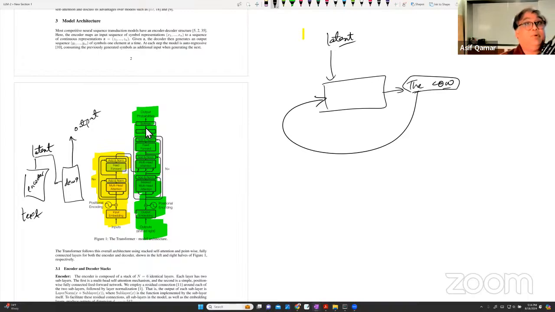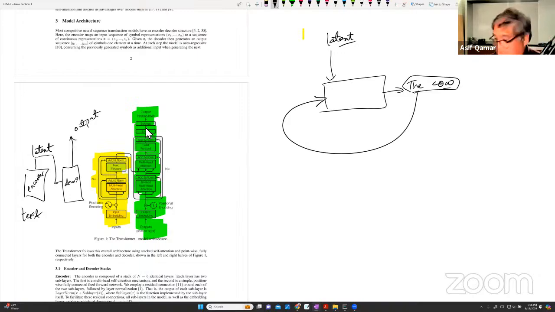Otherwise, if you just keep on giving nothing but the latent, it will keep saying the, isn't it? But the moment you give it cow also, now it will say, okay, given the and the latent, I better say cow. Does it make sense? So this is the autoregressive loop that you have to go through. So decoders always have that, right?